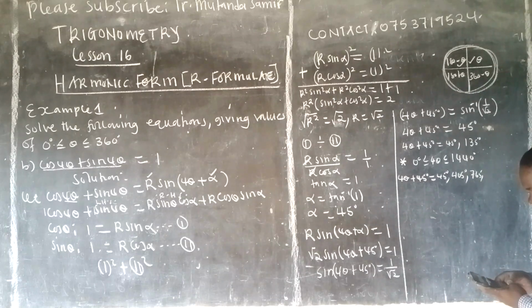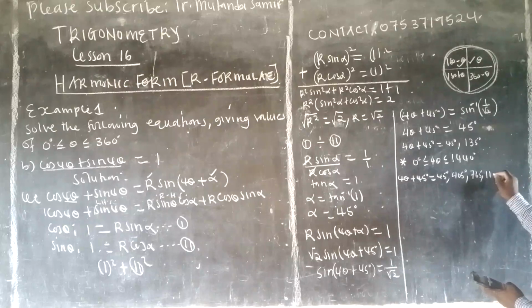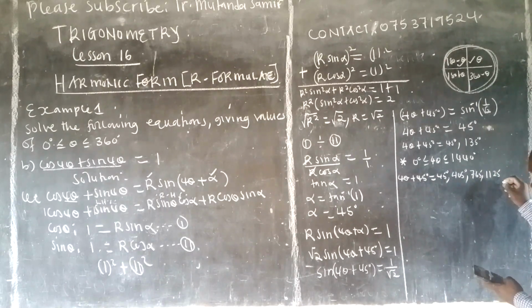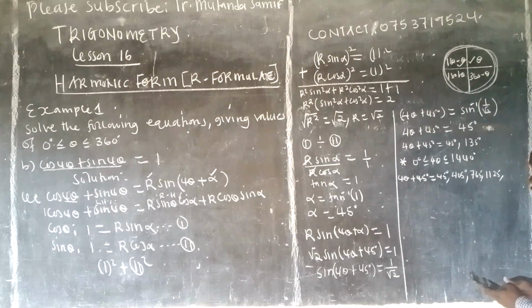That answer again plus 360 is 1125. Plus 360, the next one exceeds. The next one is 1485, which goes beyond this range, so I end there.